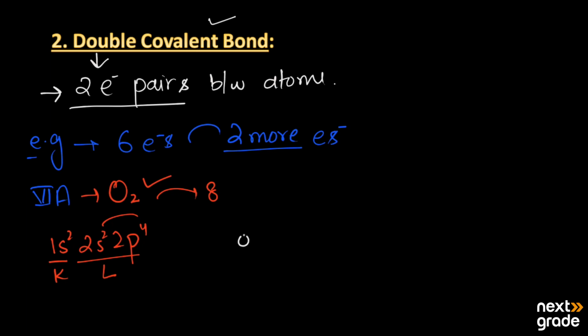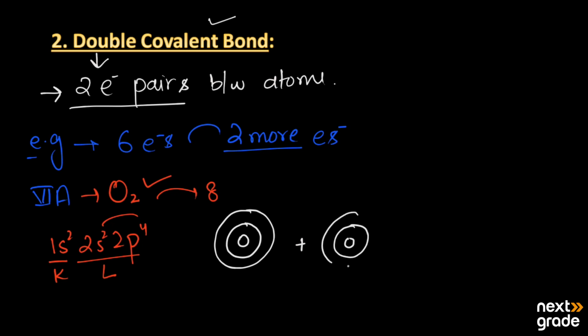We have oxygen, its first shell, and its second shell. Then we have the second oxygen, its first shell, and then its second shell. When we show its electrons, the first shell has 2 electrons and the second shell has a total of 6 electrons. And the second oxygen also has 2 electrons in its first shell and a total of 6 electrons in its second shell.